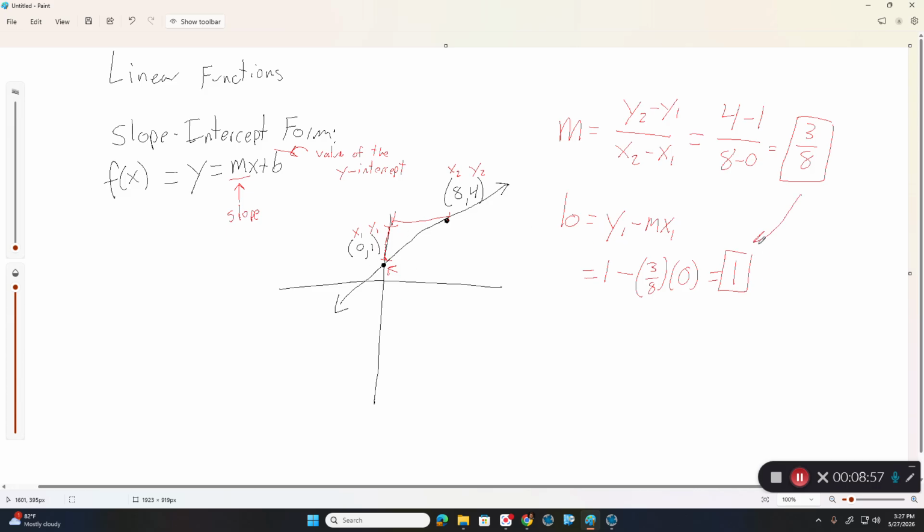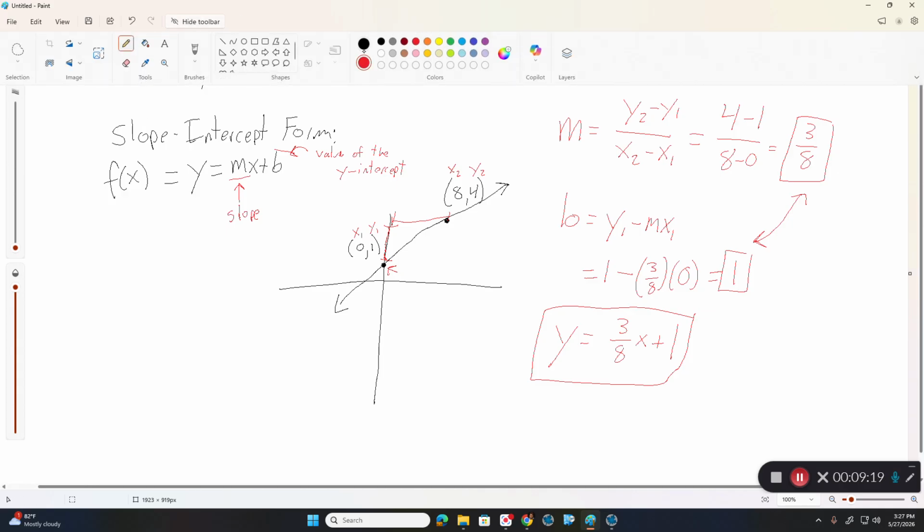And so with these two things together, I have a slope, I have a y-intercept, I can write the equation of this line, y equals 3 over 8x plus 1. And that is the equation of this line. So, as long as you can determine the slope and the intercept, you in a way have determined the line.